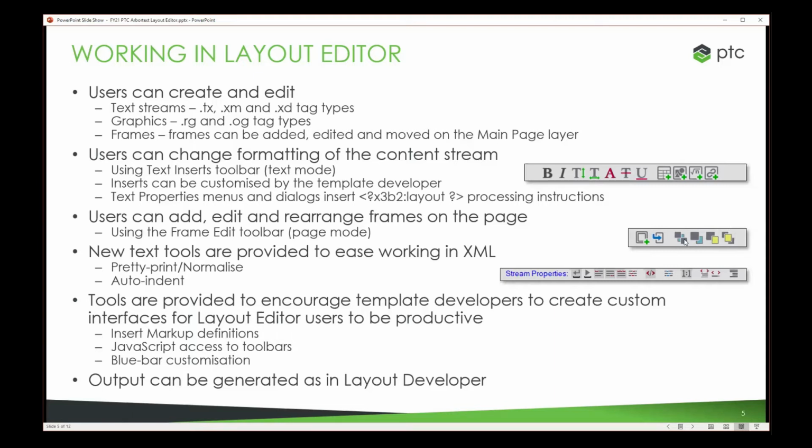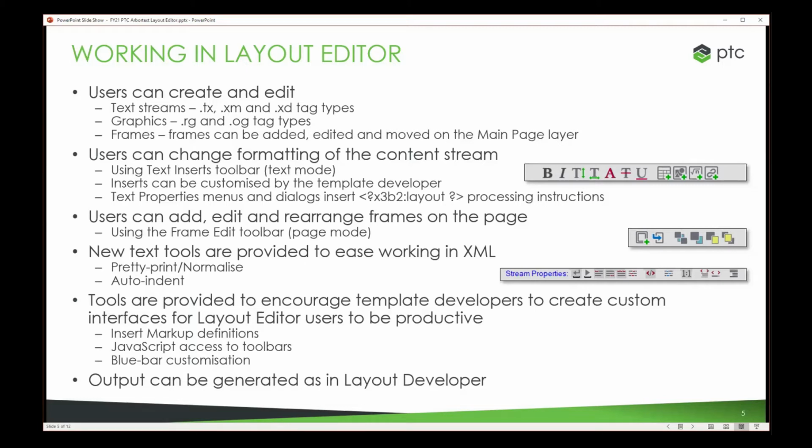So previous to 12.1, you could only send frames to the back or bring them to the front, but a little extension to the command which does that now lets you step back individual steps if you want to do that. So if you've got, say, 5 frames on a page, different levels of stacking, you can move the selected frame back through that level of stacking using those buttons there.